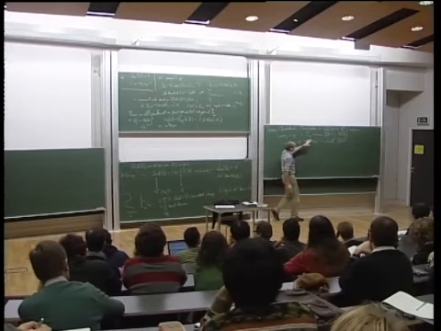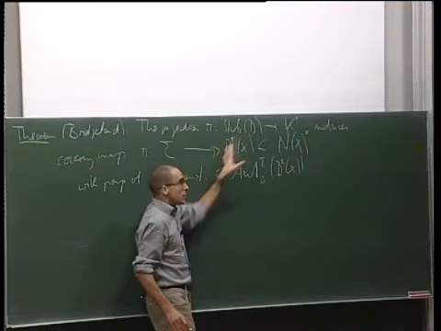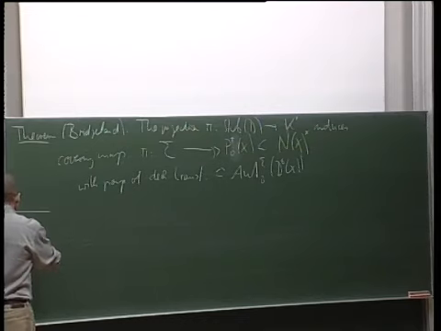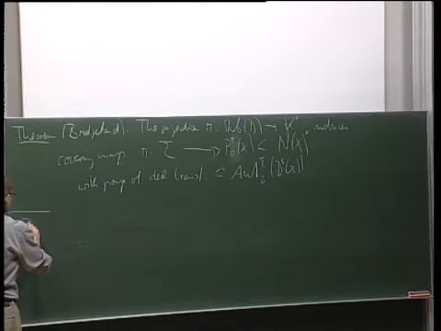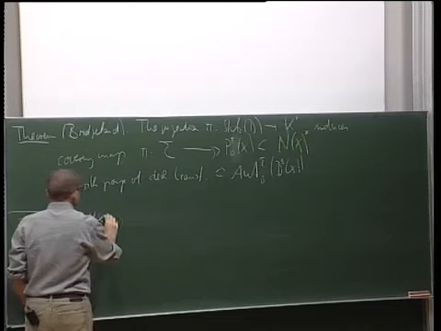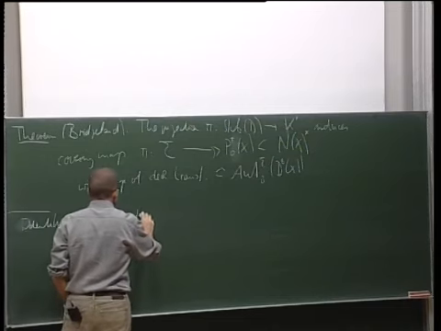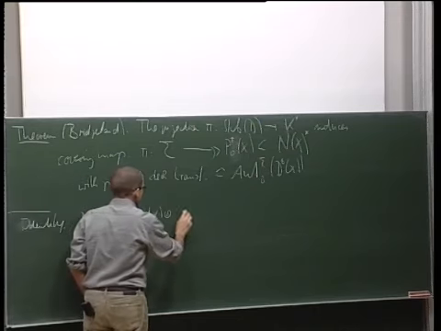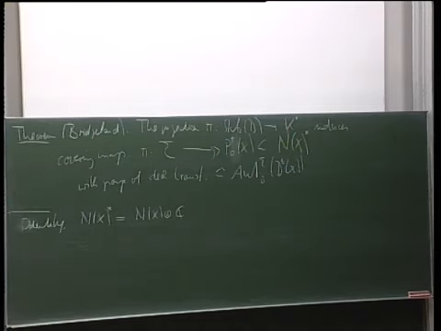And I'll first stick to the image. Okay, so let me describe the image of this map explicitly. So first of all, I identify this linear space, the dual linear space, with just the complexified extended Néron-Severi group, using the intersection pairing on the cohomology on the K group.